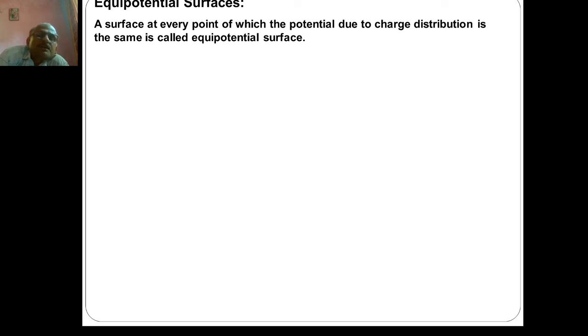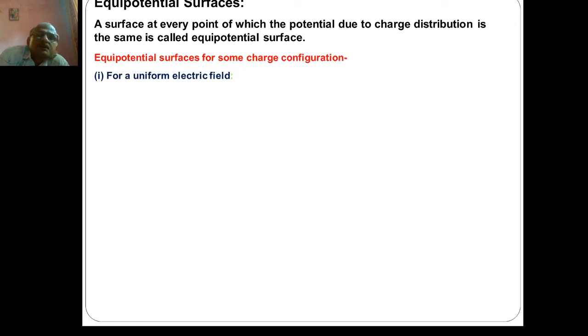So a surface at every point of which the potential due to a charge distribution is the same is known as an equipotential surface.